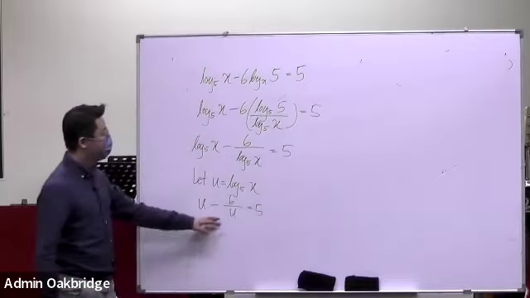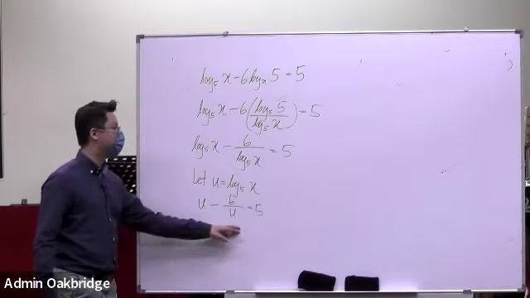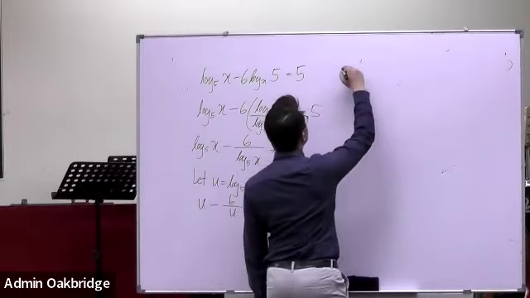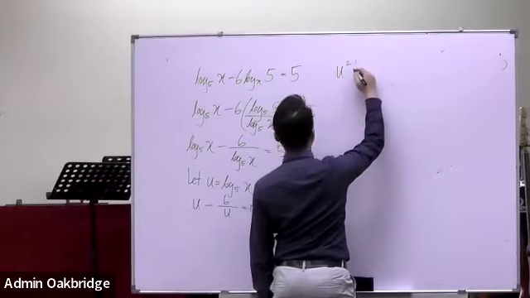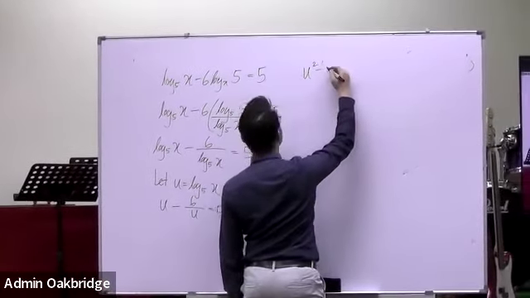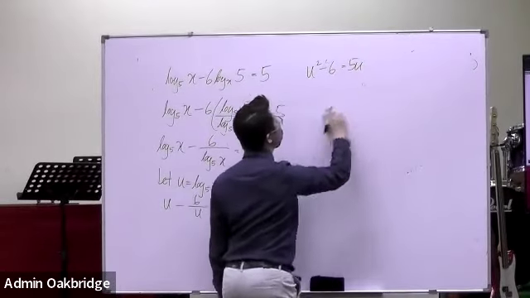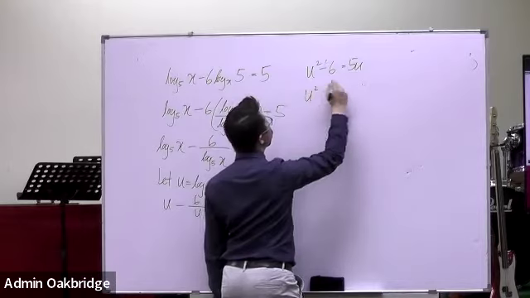And then how should we remove the denominators? Just multiply this equation by the denominator. So we get u squared minus 6 equals 5u. Then you move the 5u to the left-hand side.